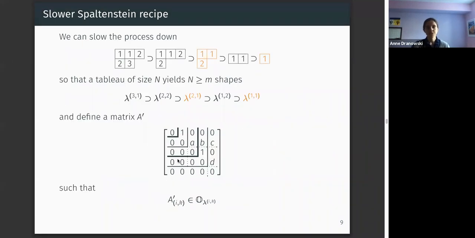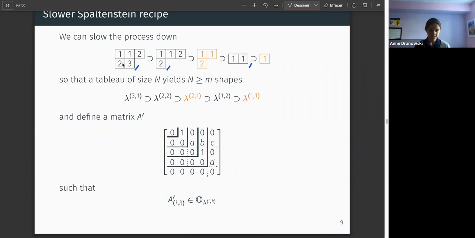I can slow this recipe down, and instead of just assigning 3 tableaux to a tableau of a weight with 3 parts, assign all 5 tableaux.